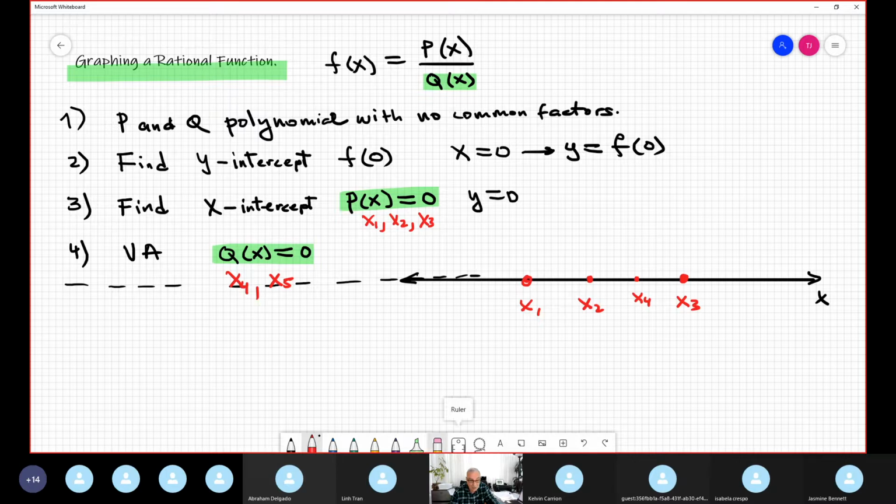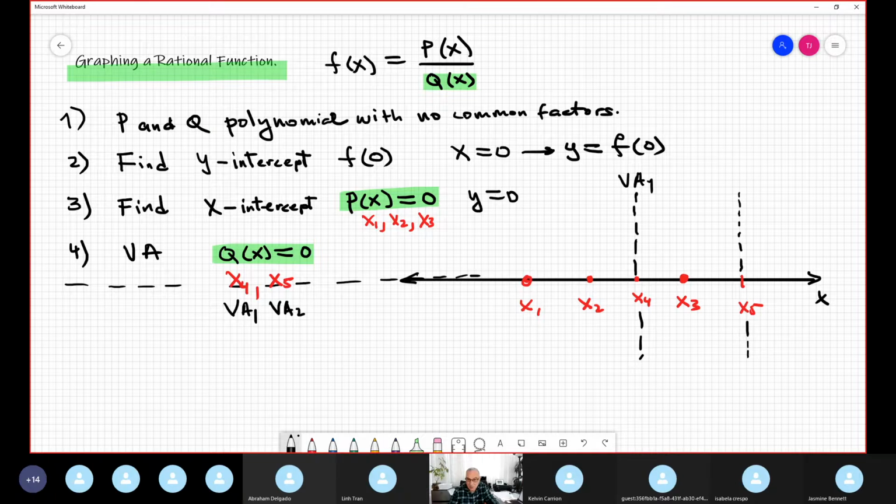I lie always in black color. Don't lie. Okay, this is the vertical asymptote number 1, which corresponds with the x4. And this is the vertical asymptote number 2, which corresponds to x5. Suppose that the position x5, hypothetically, here, x5. And do the graph of this.